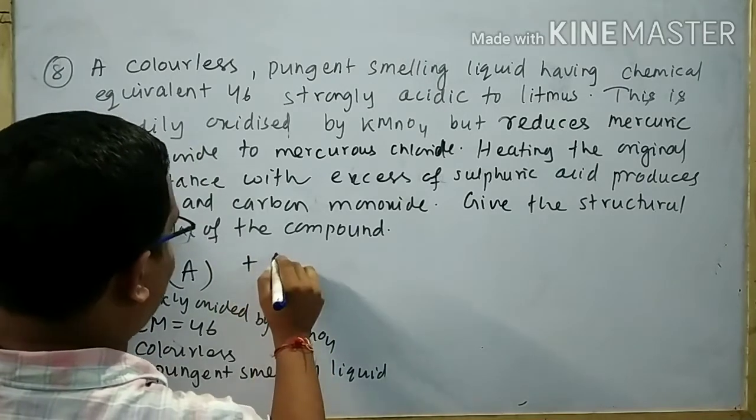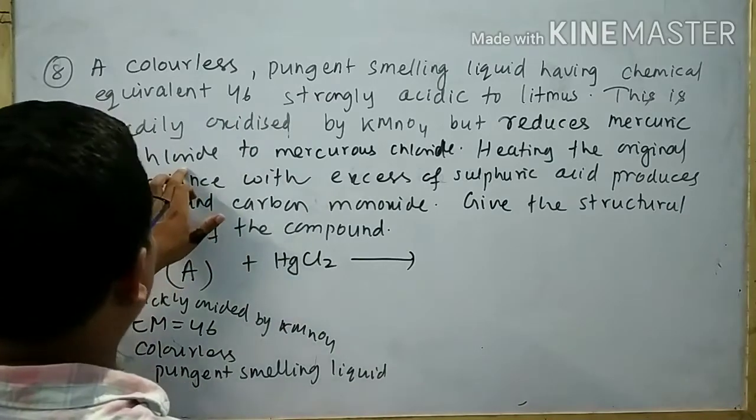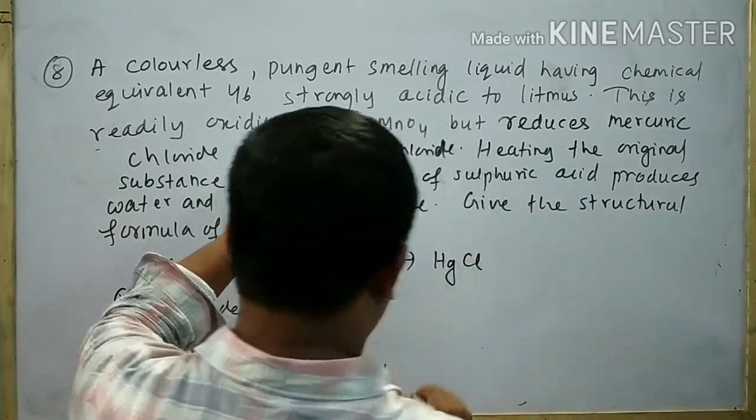That means A reacts with mercuric chloride, HgCl2, to give mercurous chloride, HgCl.